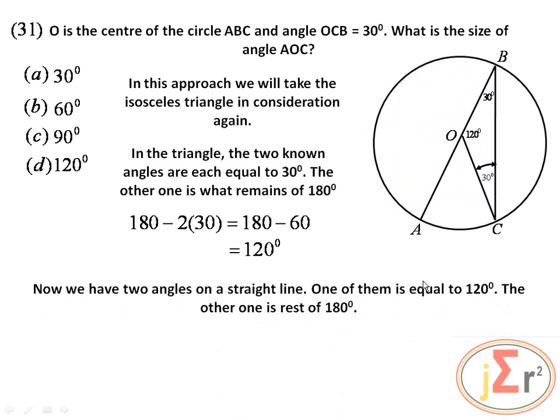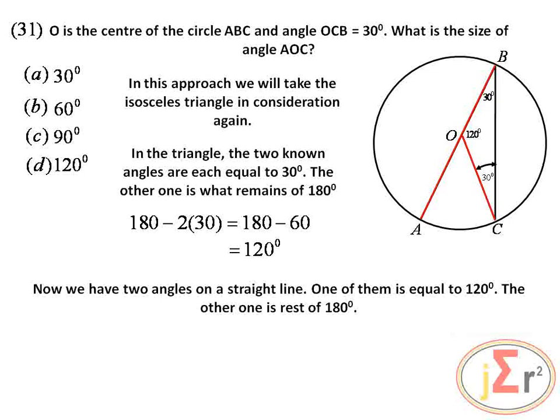Now we have two angles on a straight line. One of them is equal to 120 degrees. The other one is what remains of 180 degrees. So we have this straight line here, and we have this angle and another one. The angles will add to give 180 degrees.